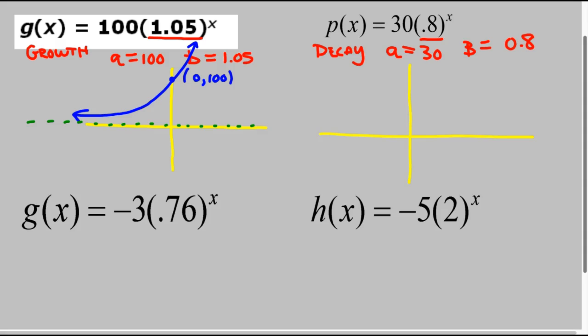So at 0 days or 0x, we're going to be at 30, right? So that's kind of the initial. And then as x increases and goes along to the right, 30 is going to be decreasing and decreasing. So this one's going to swoop in and look something like that, right? So every year it's going to be 80%.